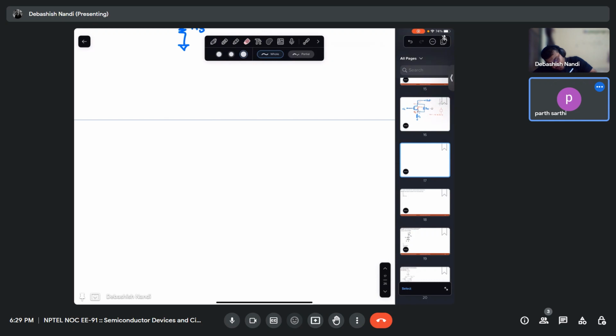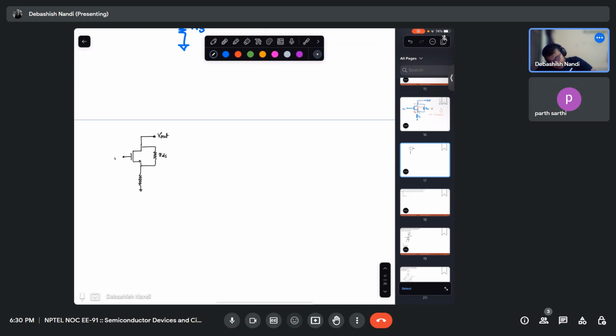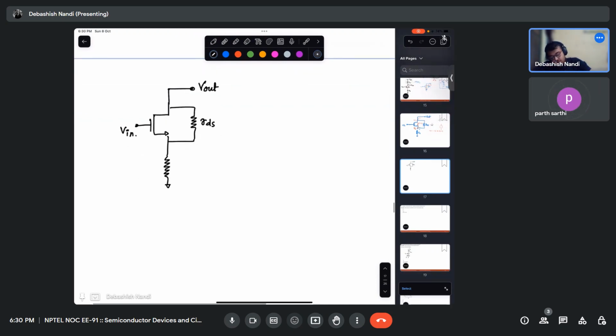So what did we have? We have a MOSFET. We had a resistance, let's say RDS, and we need to find out V out over V in, right? So what will we assume?